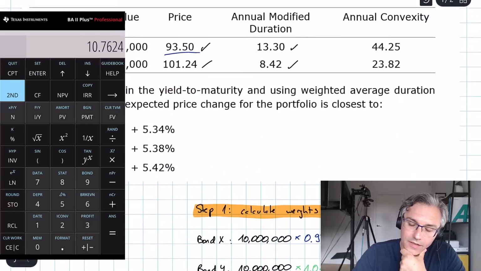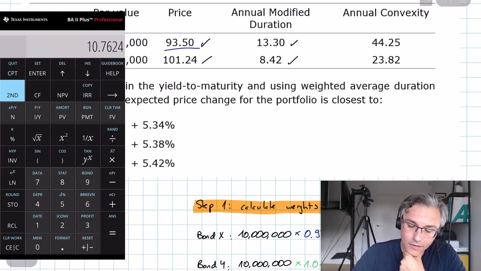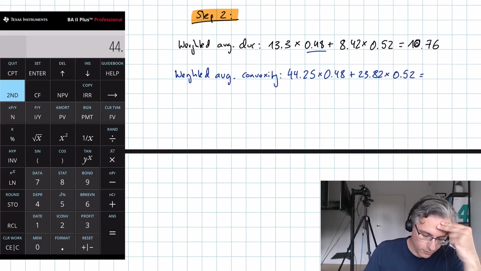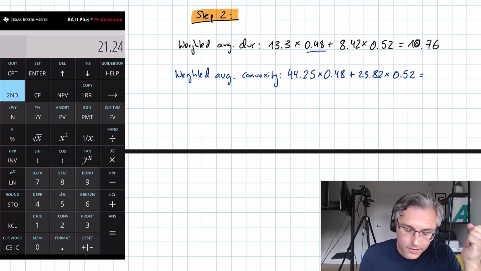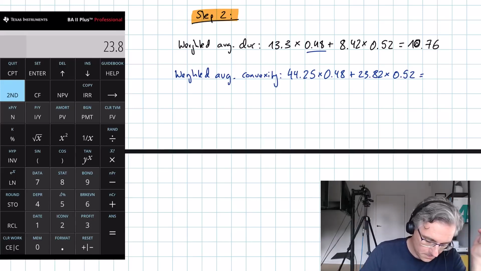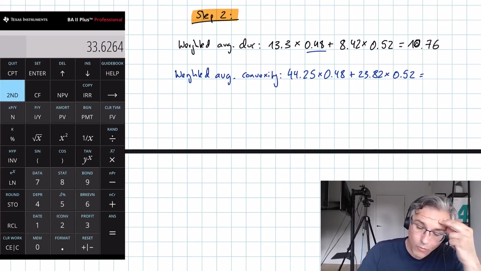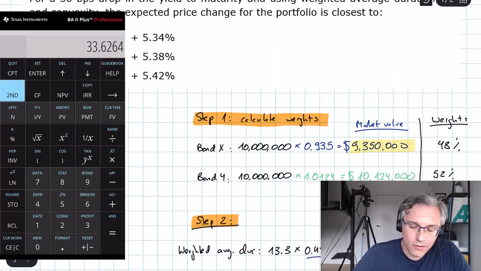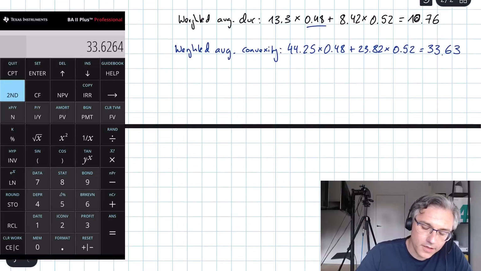Now the second convexity measure was for bond Y, 23.82, 23.82 times a weight of 52, so 44.25 times 0.48 plus 23.82 times 0.52. Right, the weighted average is 33.63.